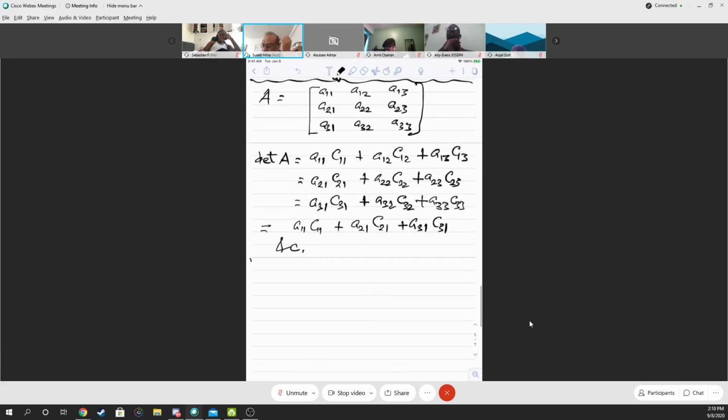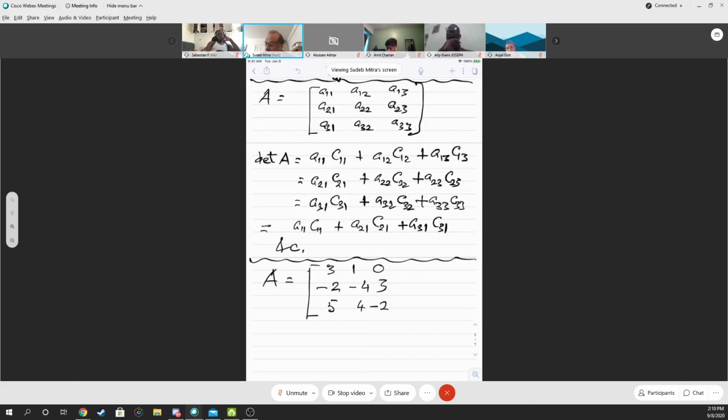And this is the problem of using the cofactor expansion. I have to write it again. The matrix A is 3, 1, 0, minus 2, minus 4, 3, 5, 4, minus 2. I want to find the determinant of A. Let us do it along the first row. That's the easiest one.